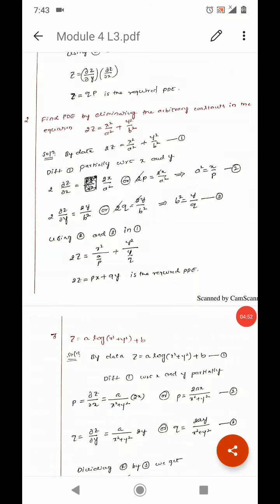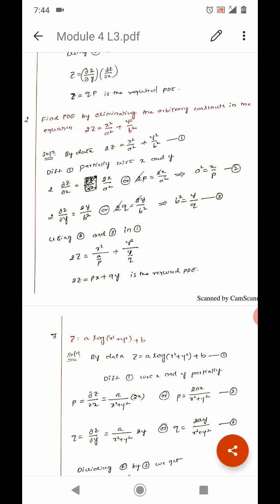First with respect to x, 2z becomes 2 into del z by del x, which is equal to the differentiation of x square by a square with respect to x, which is 2x by a square, plus y square by b square, which is constant, therefore that becomes 0. So here we take del z by del x as p. So that is 2p is equal to 2x by a square. The 2 on the left side and the 2 on the right side get cancelled. So finally we get a square is equal to x by p.